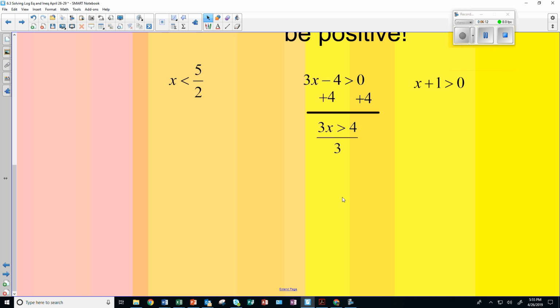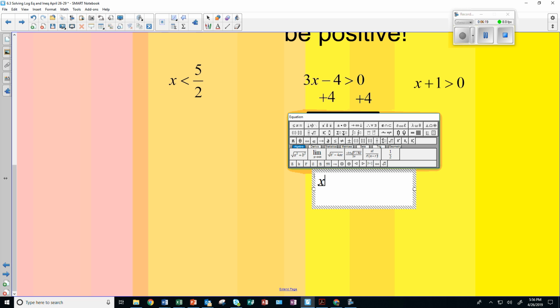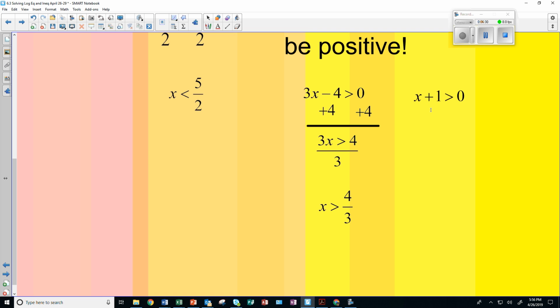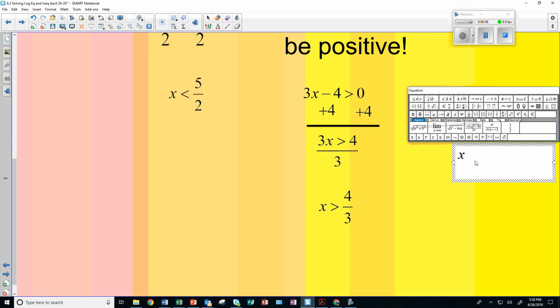That tells me that x must be greater than 4/3. And here, this is pretty simple. All we're going to do is subtract 1 from both sides, and this tells me that x must be greater than -1.